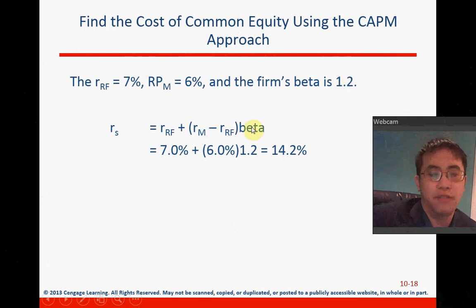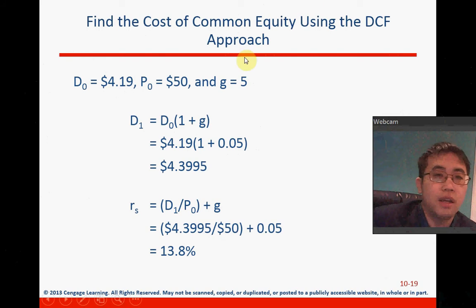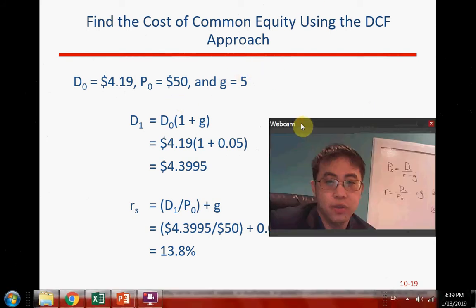Just plug all the numbers into these variables, so you can solve for the individual stock return, based on the market, based on the risk-free rate, based on the beta, which is the co-movement between market and the stock. All right, the next one is to use the discounted cash flow model, as I have showed you right up there.